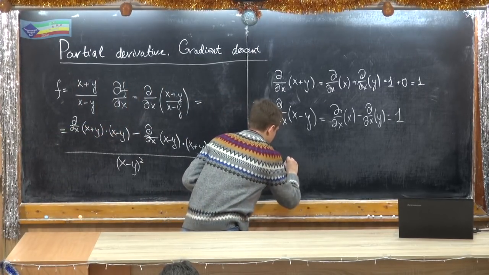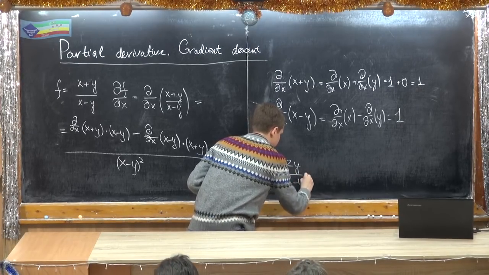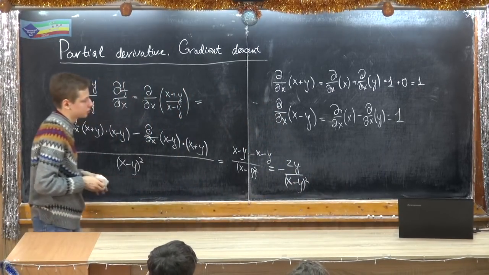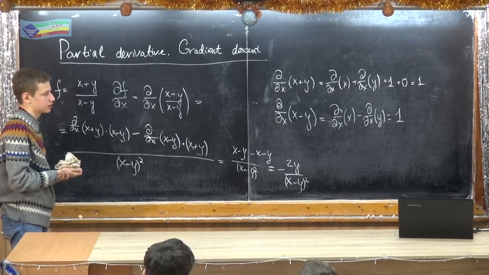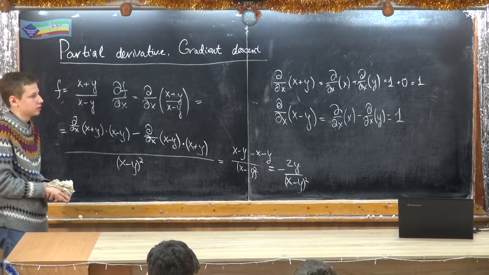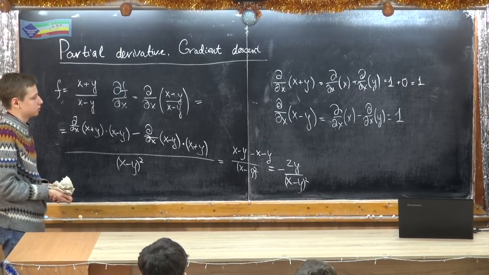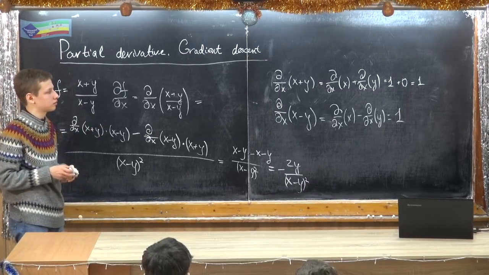And here we go. So we've calculated the partial derivative. It's not a very complex task. We just have to keep one rule. I will remind you once more that the other variables are just constants.